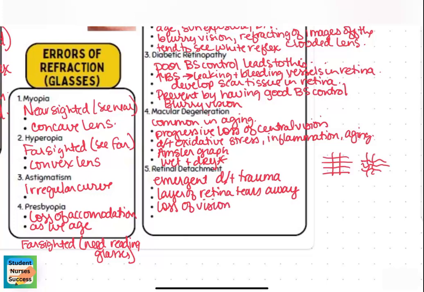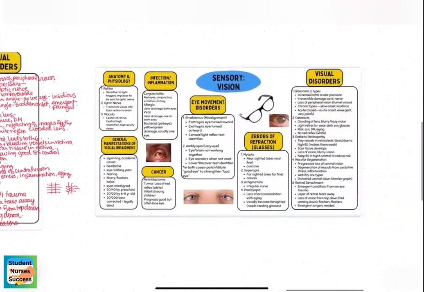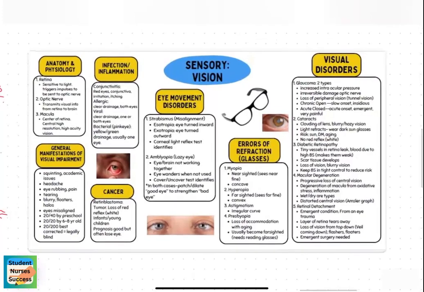And that's as that retina starts to detach and pull away. They may also have flashers or floaters or some other type of visual change. Surgical intervention is often indicated.